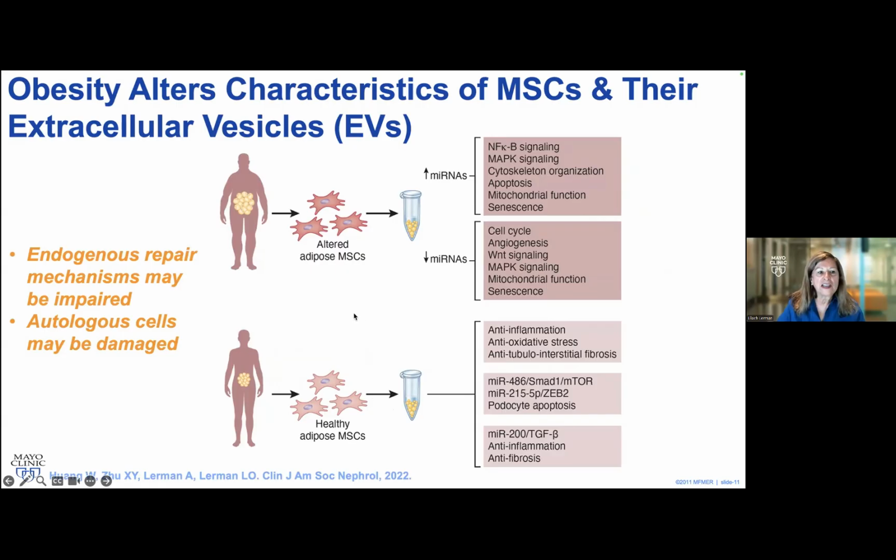As a result, the endogenous repair systems may be impaired. This has implications not only for endogenous repair, but also if you want to use those cells for cell-based therapy, since the use of autologous cells might be unadvisable because they may be damaged.